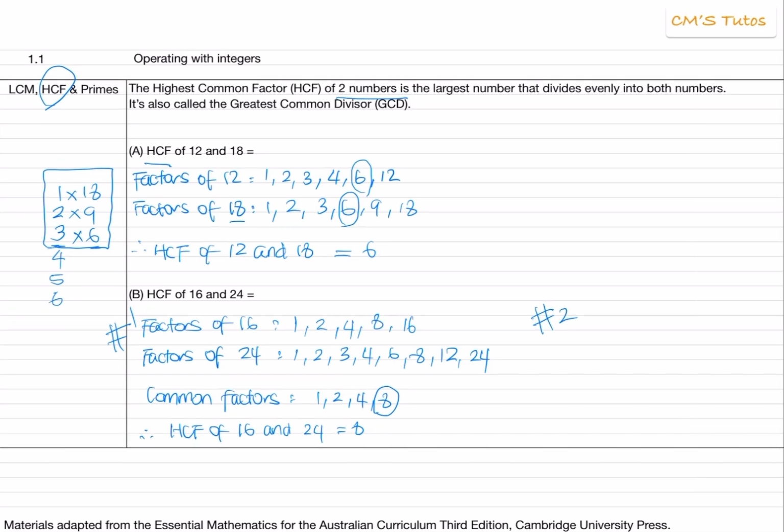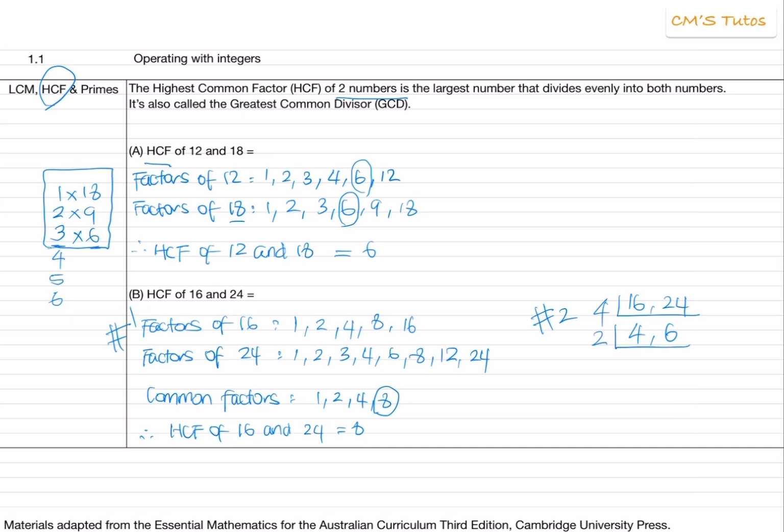Method 2. We can use the same way as LCM for 16 and 24. Try with 4, because it seems like that number can help us finish this off quickly rather than 2. 4 into 16 is 4, 4 into 24 is 6.